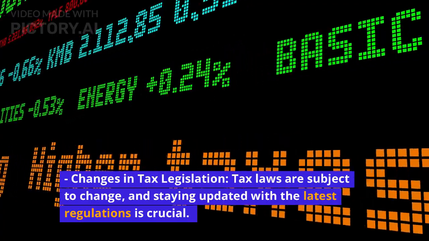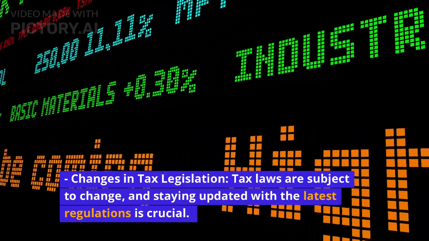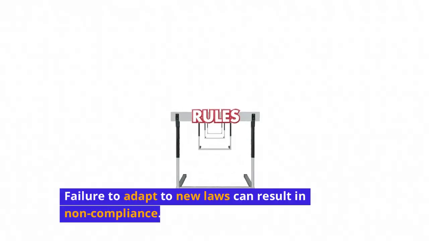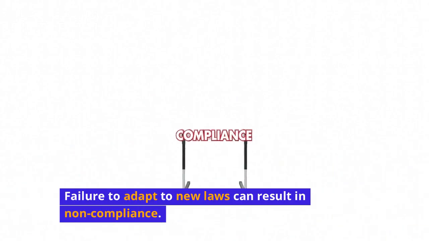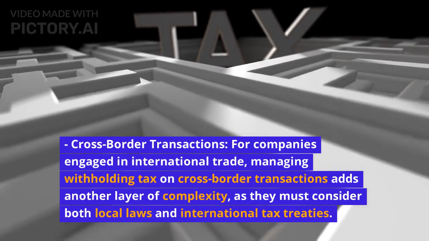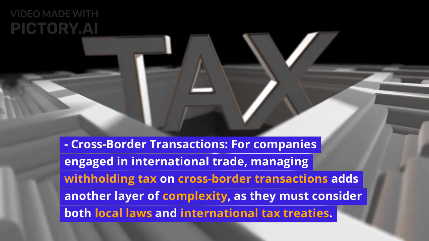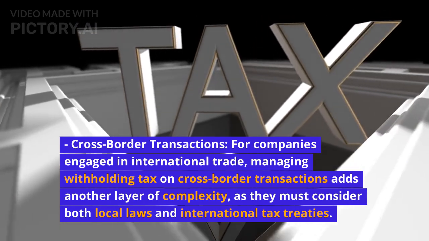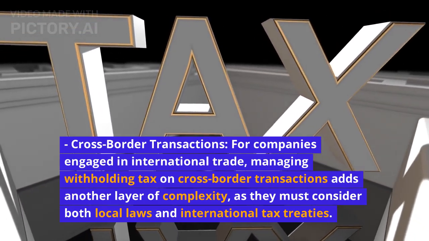Tax laws are subject to change, and staying updated with the latest regulations is crucial. Failure to adapt to new laws can result in non-compliance. Cross-border transactions. For companies engaged in international trade, managing withholding tax on cross-border transactions adds another layer of complexity, as they must consider both local laws and international tax treaties.